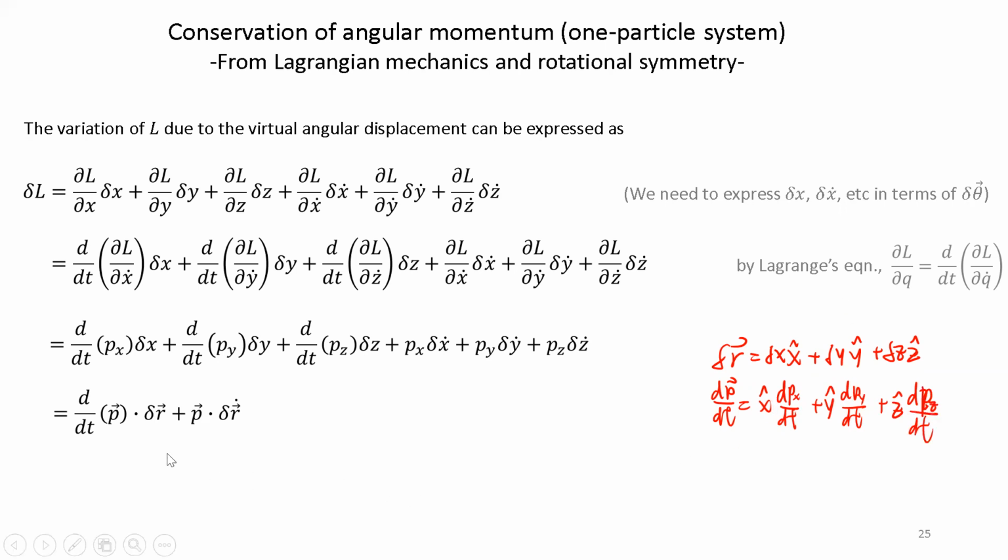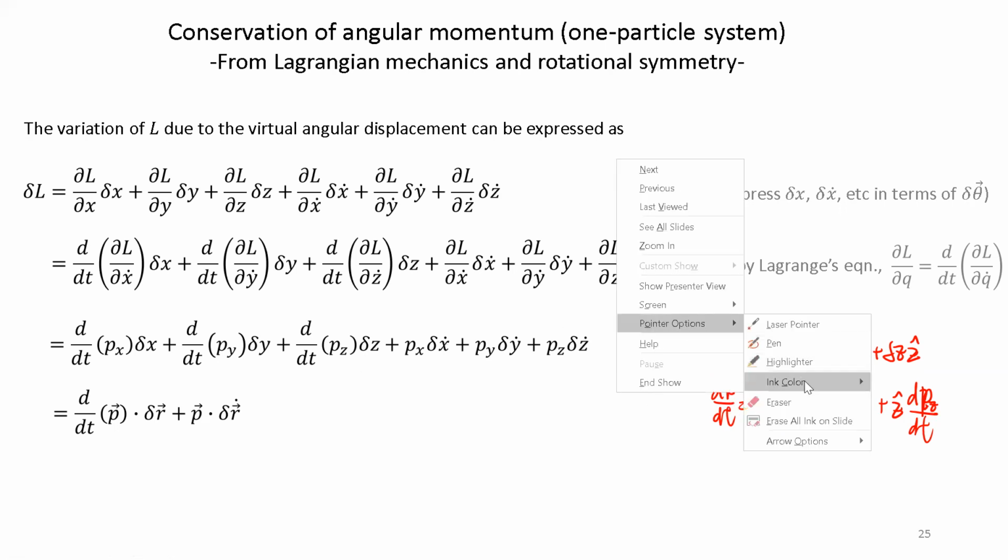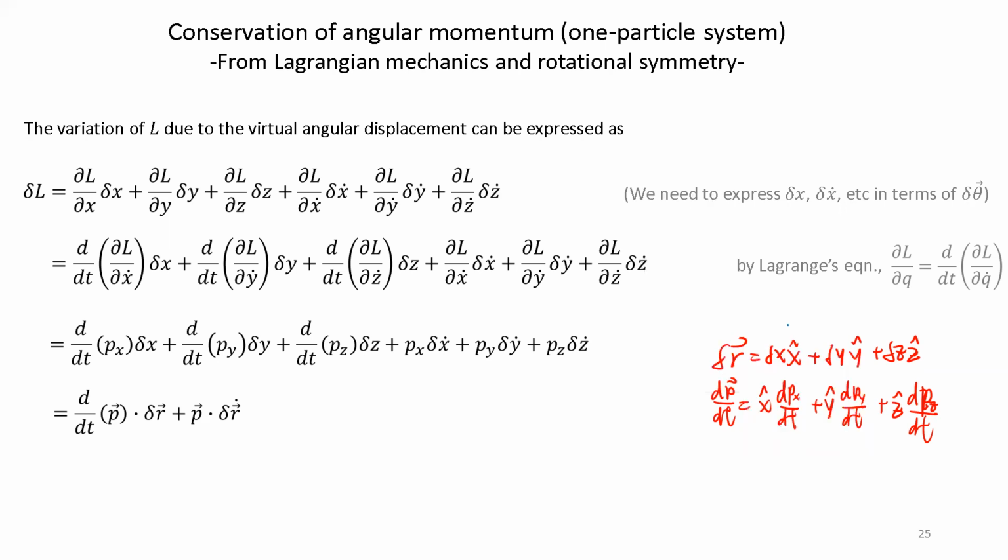That's why the dot product between these two vectors is just this one and this one. So that's all you have. Similar for this one.